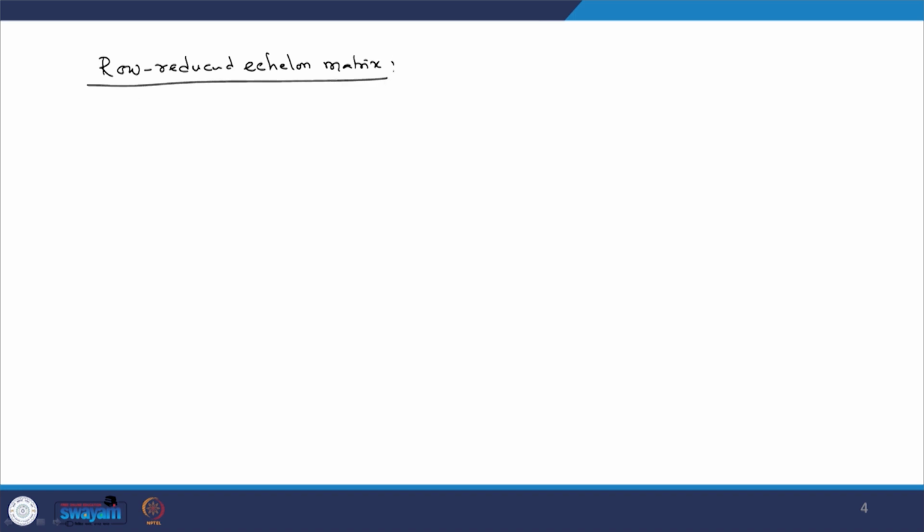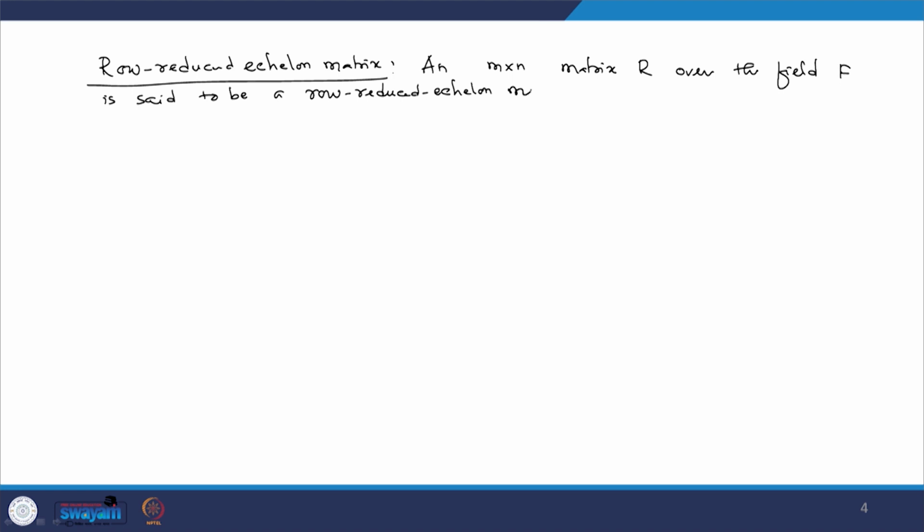Row reduced echelon matrix. What is that? An M cross N matrix R over the field F is said to be a row reduced echelon matrix provided it satisfies the following conditions.